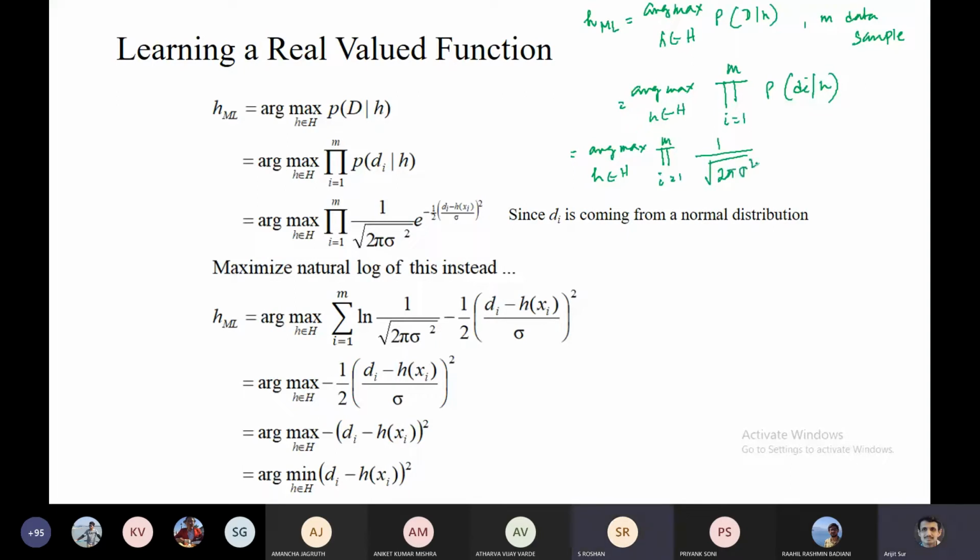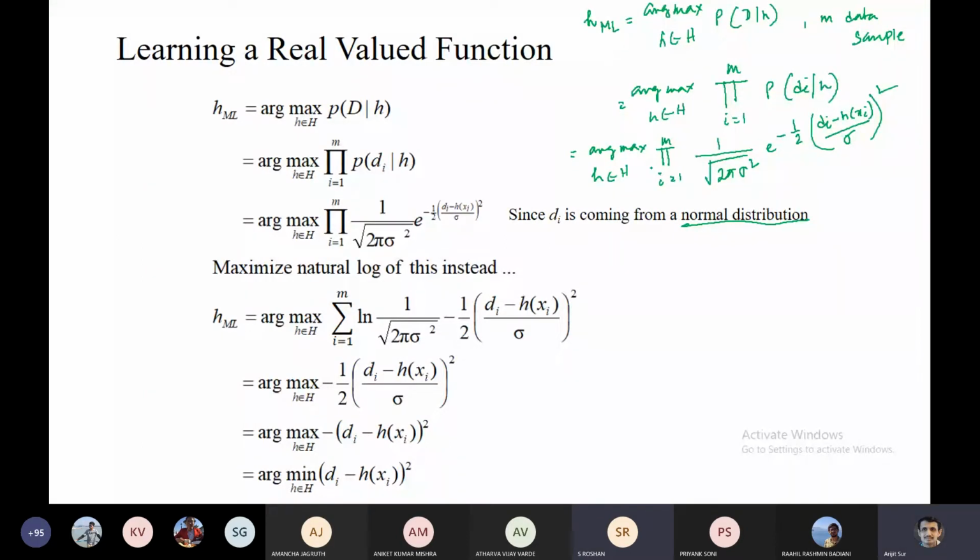This is a normal Gaussian distribution, since di is coming from the normal distribution.